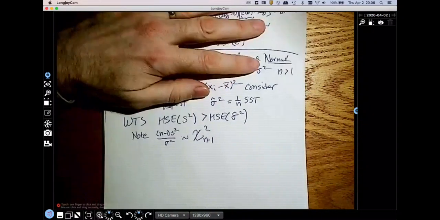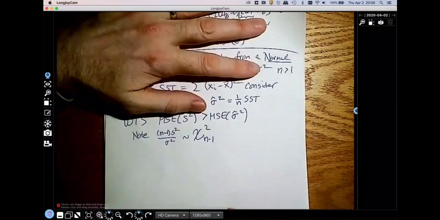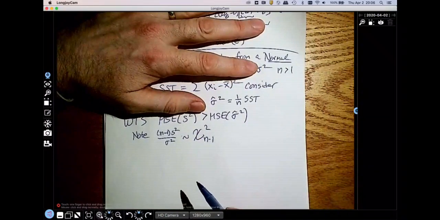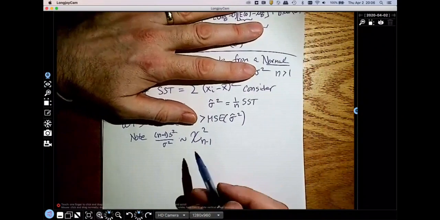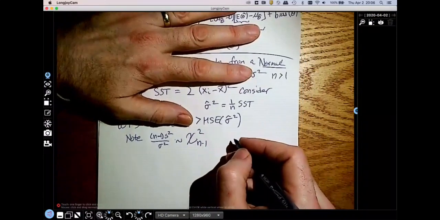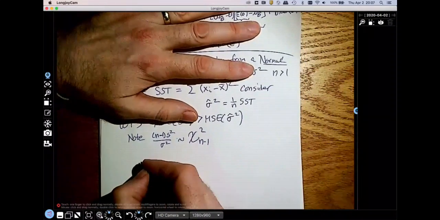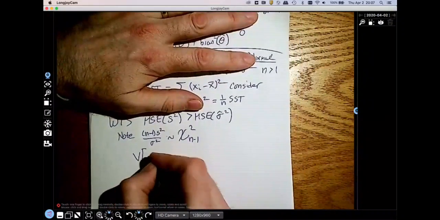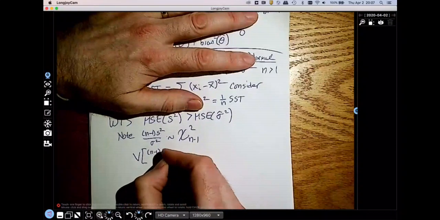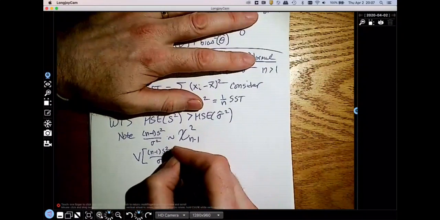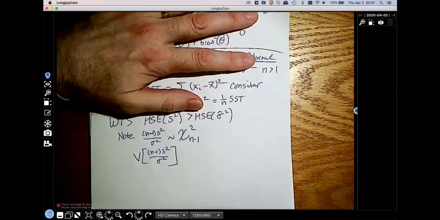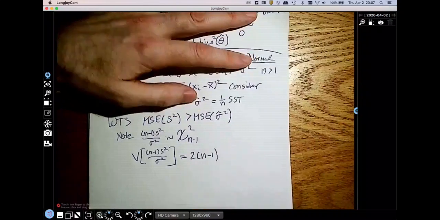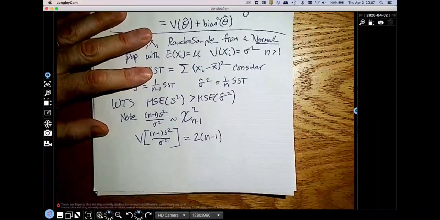And if you go to the Wikipedia page for a chi-square distribution, if you look at the key properties of this, you're going to see that the variance of this distribution is equal to 2 times n minus 1. So let me just write this out. The variance of n minus 1 times s squared over sigma squared is equal to 2 times n minus 1, from Wikipedia.